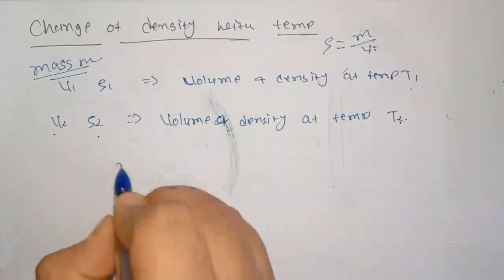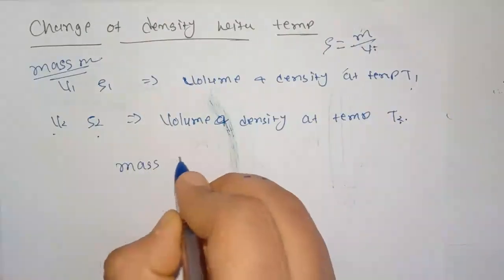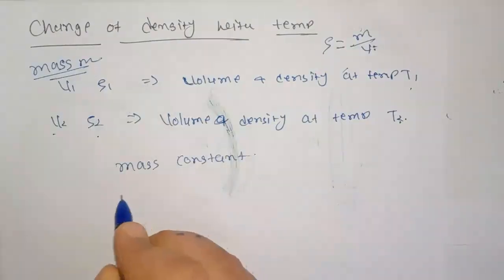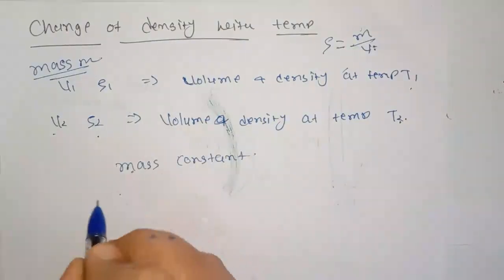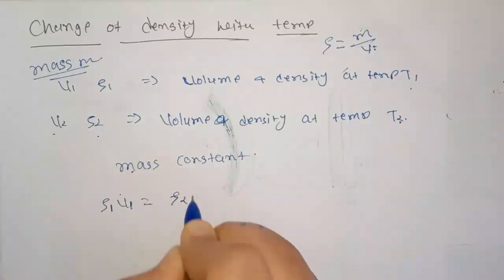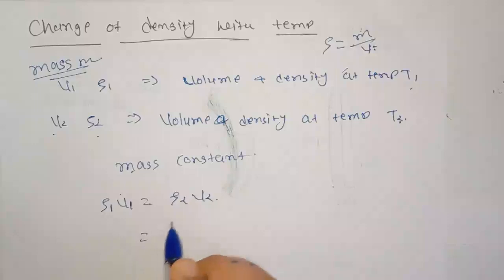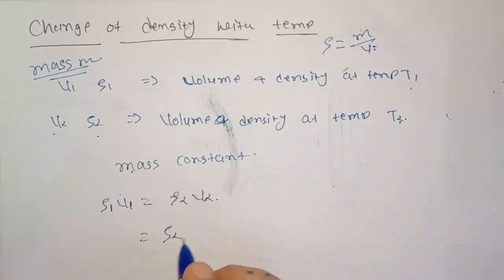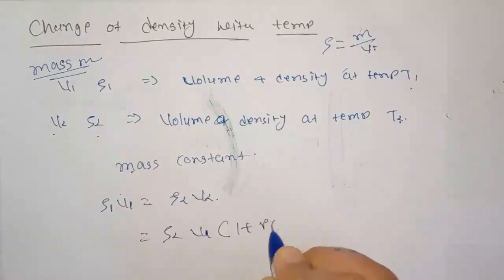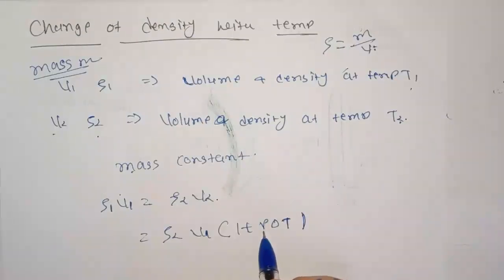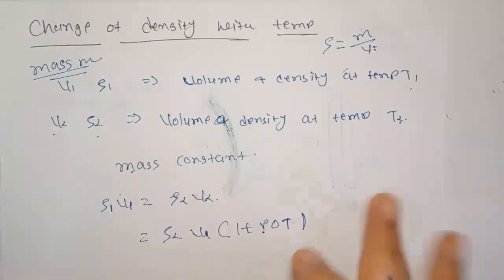Here clearly the mass will be constant, so we can write mass is equal to density into volume, so we can write ρ1 V1 is equal to ρ2 V2. But this V2 can be written as V1 into 1 plus gamma delta T. Here gamma is the coefficient of volume expansion.